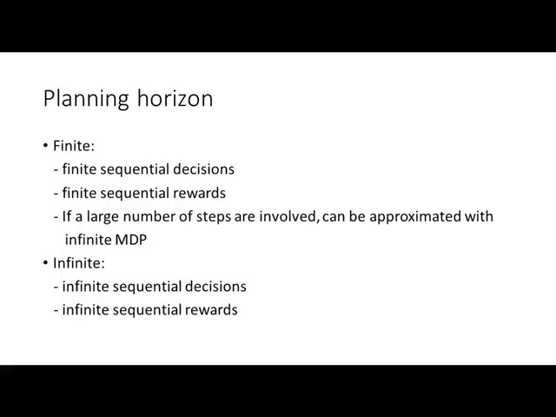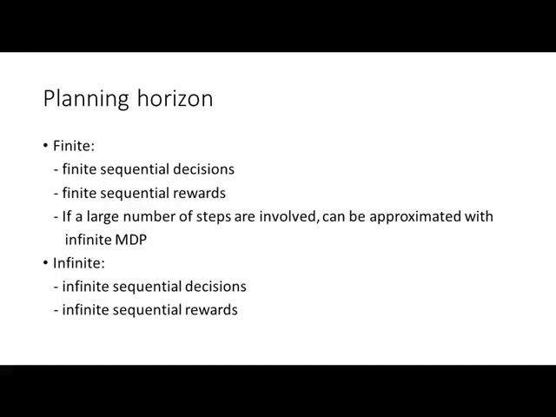So you only have 30 sequential decisions to make and 30 rewards to achieve. But if a large number of steps are involved, say, if our time step is 1 day and we manage for 30 years, a very large number of time steps are involved. In this case, this finite system can be approximated with an infinite Markov decision process.